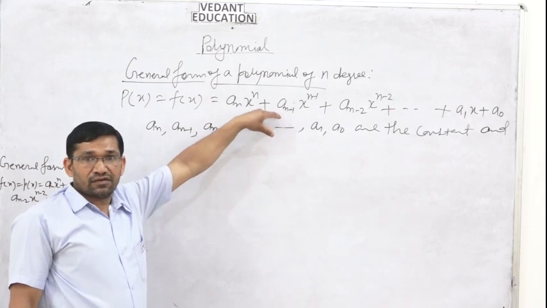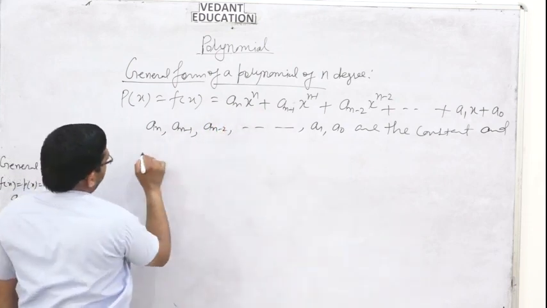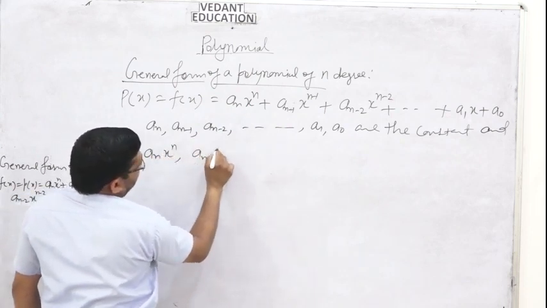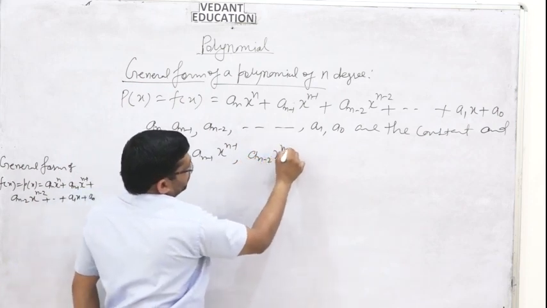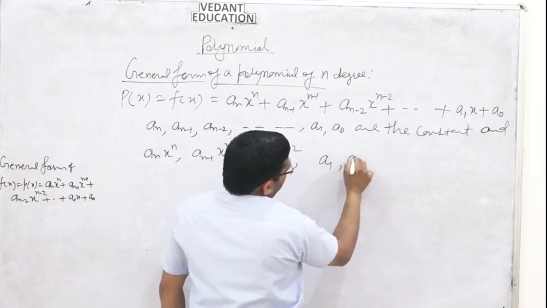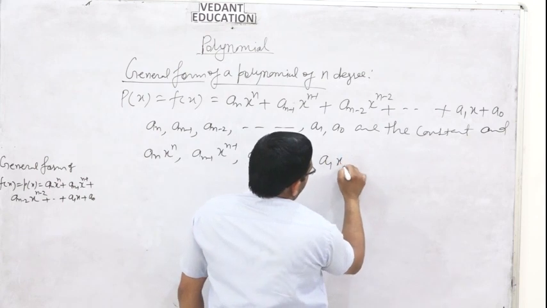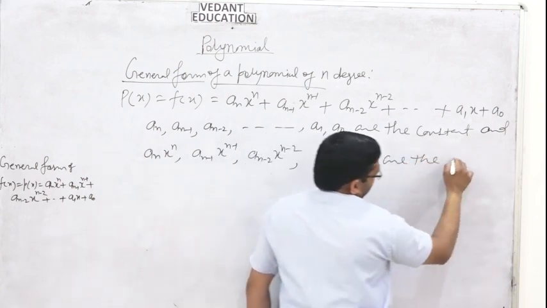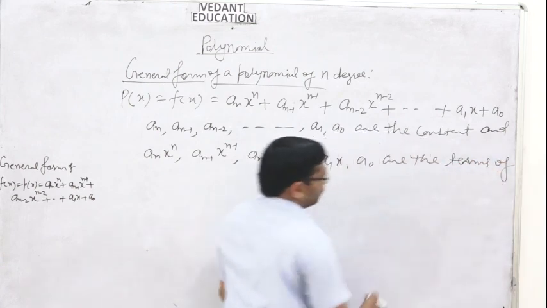And a n x power n, a n minus 1 x power n minus 1, a n minus 2 x power n minus 2, a1x, a0 are the terms of the polynomial.